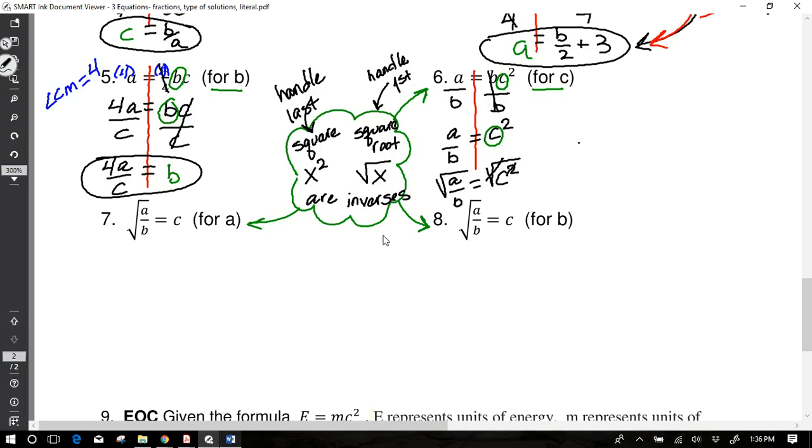And so my final answer is just C equals the square root of A divided by B. And that would extend all the way down. And that's my answer.